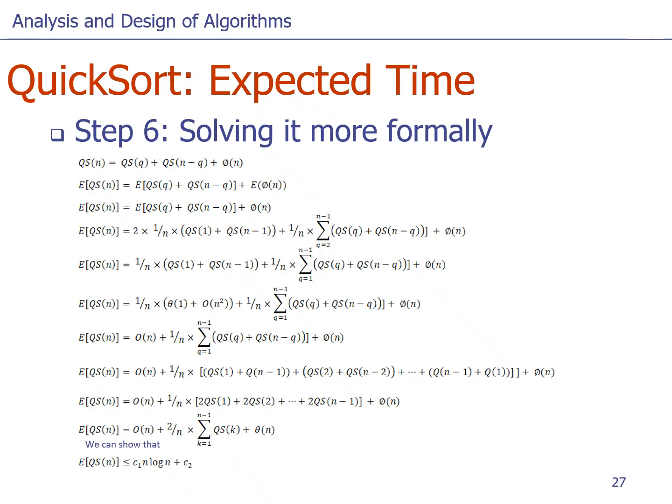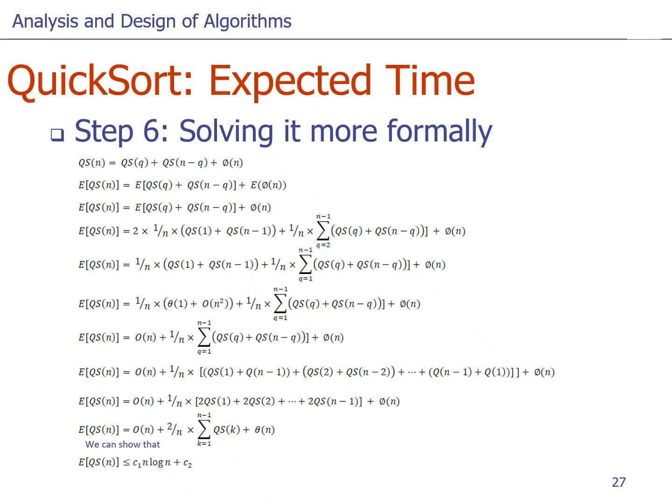So now we really need to work on quicksort of q plus quicksort of n minus q, the expected value of that. I said we have here two bad cases, picking the minimum and picking the maximum. So I'm going to talk about them that way. It's 2 multiplied by 1 over n. 1 over n is the chance of picking the minimum or the chance of picking the maximum.